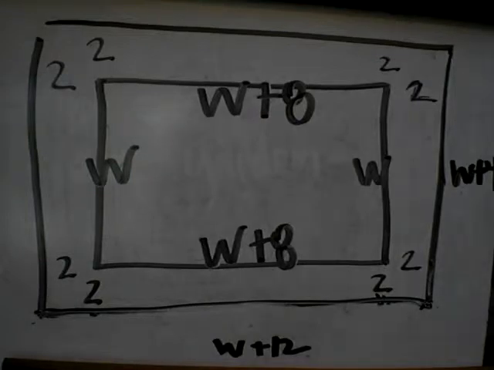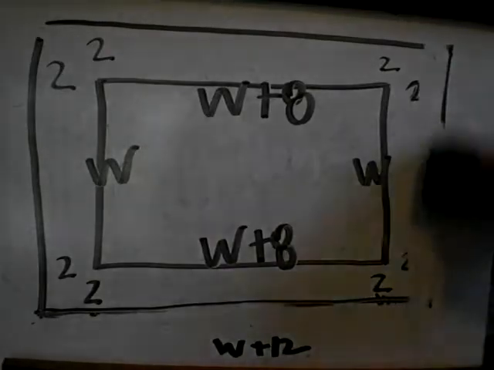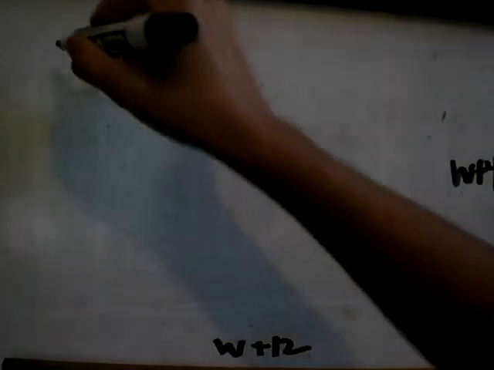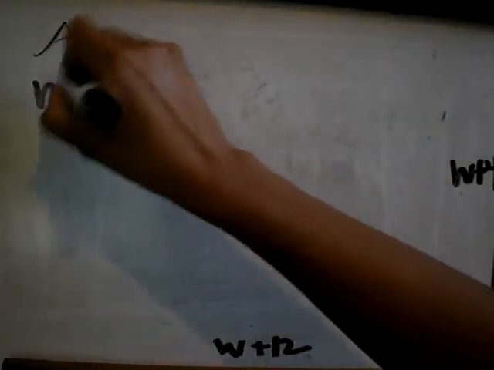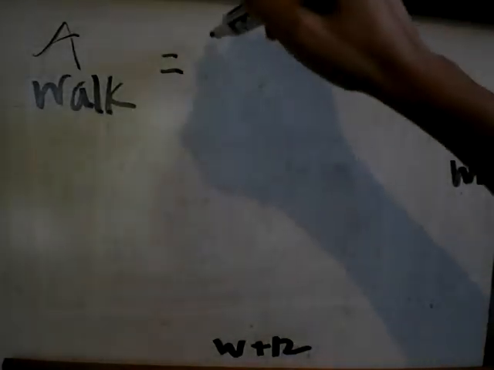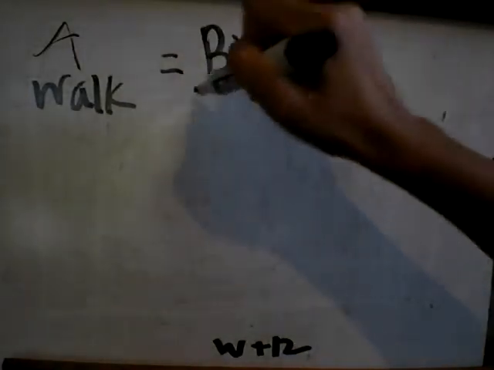Okay, so now we can go back to our formula. So area of the walk equals, I'm going to just say the big rectangle because I think that's just easier.